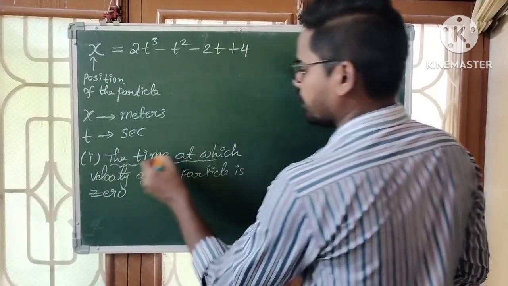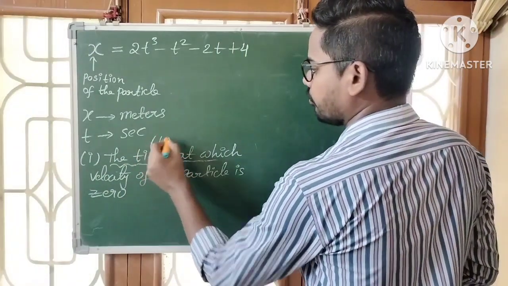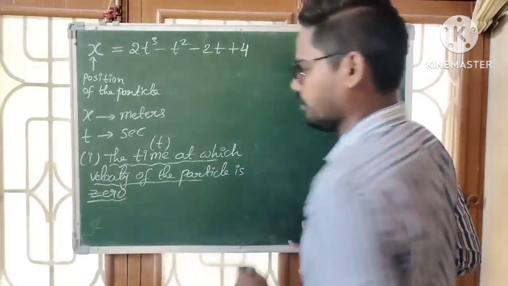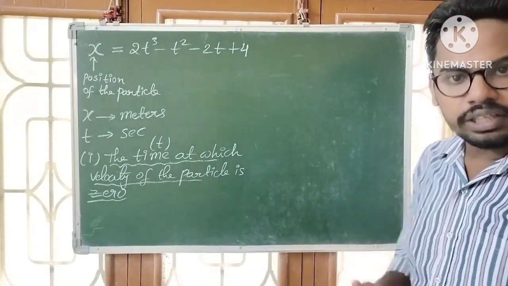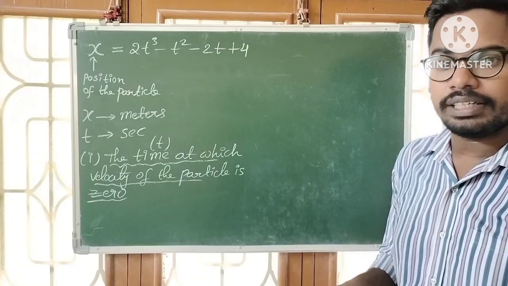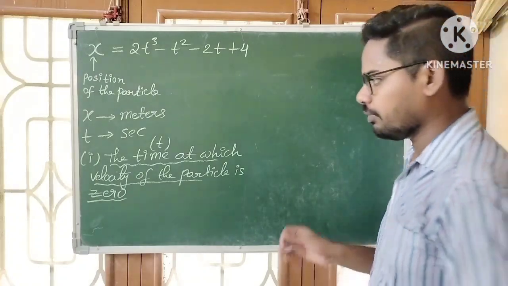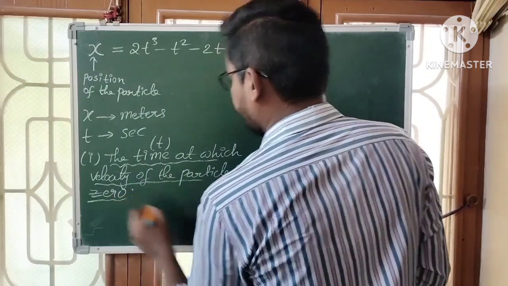So we have to find the time, meaning t, at which the velocity of the particle is 0. So at what time is the velocity of the particle 0, that we have to find out. Okay, this is my first question.